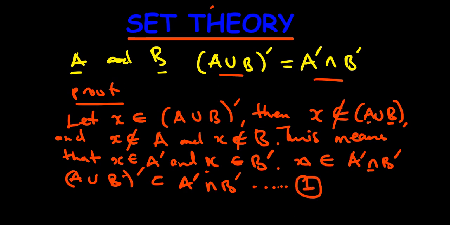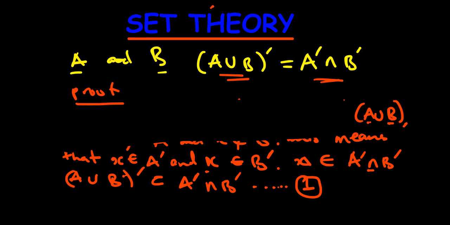We've shown that this part is a subset of this, so we must show even the reverse. My space here is small, so I'll erase this first part of the proof. Then we do the second part of the proof to show that the reverse also is true.